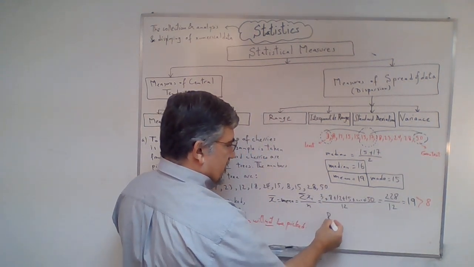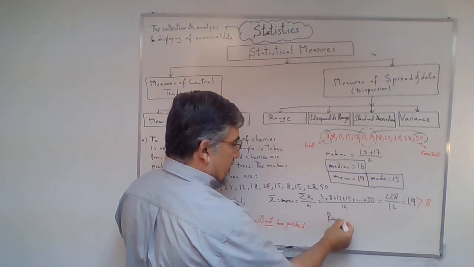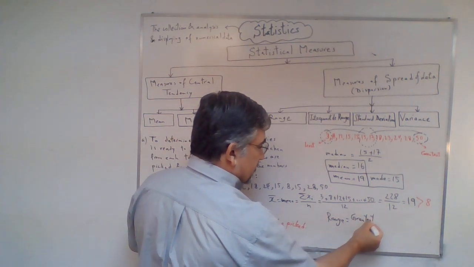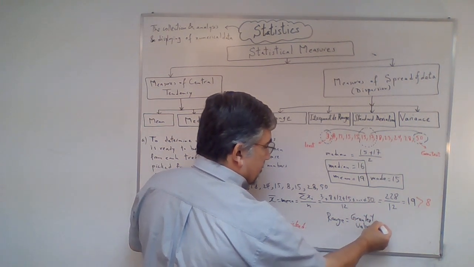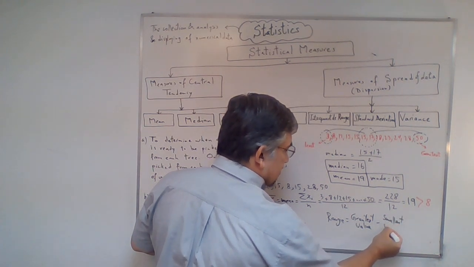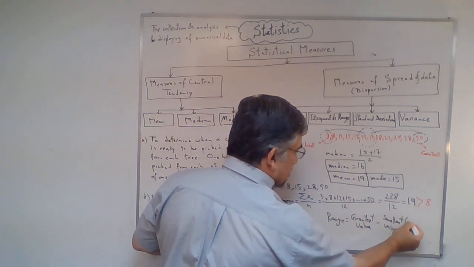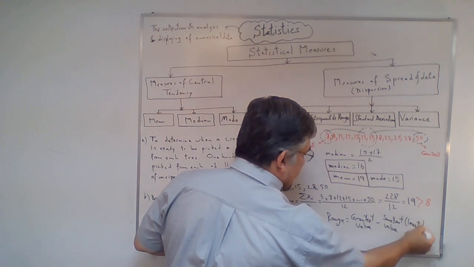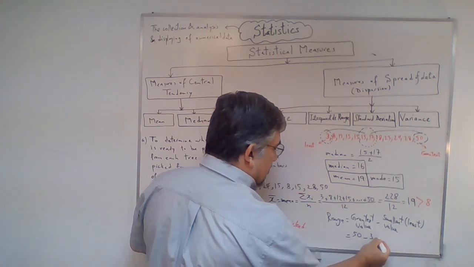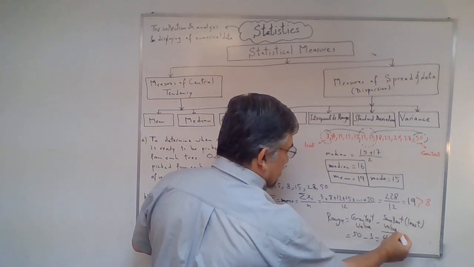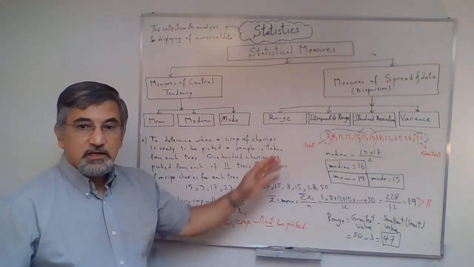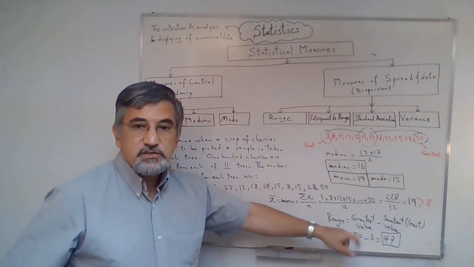So range equals greatest value minus smallest or least value. So in this case, we have 50 take away 3, that will be 47. So the range of this data set is 47.